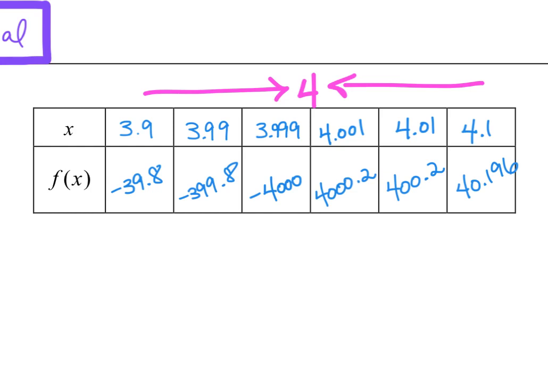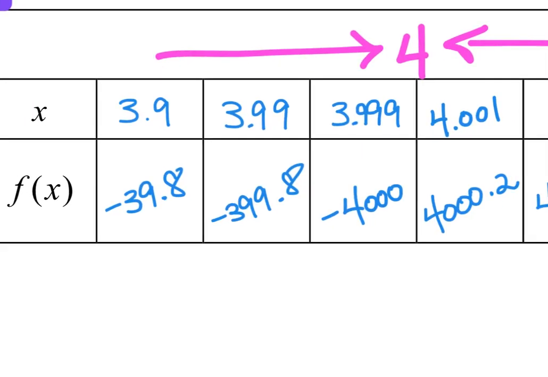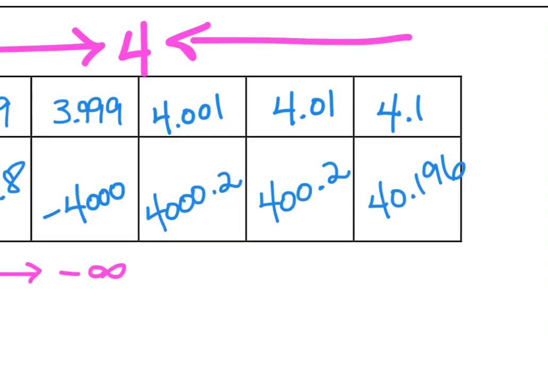So 2 things you should notice right away is that we've got some infinities involved in our answers, and that what's happening on the left of x approaching 4 isn't the same as what's happening on the right of x approaching 4. So on the left, as x approaches 4 on the left, our y values approach negative infinity. As x approaches 4 on the right, our y values approach positive infinity.